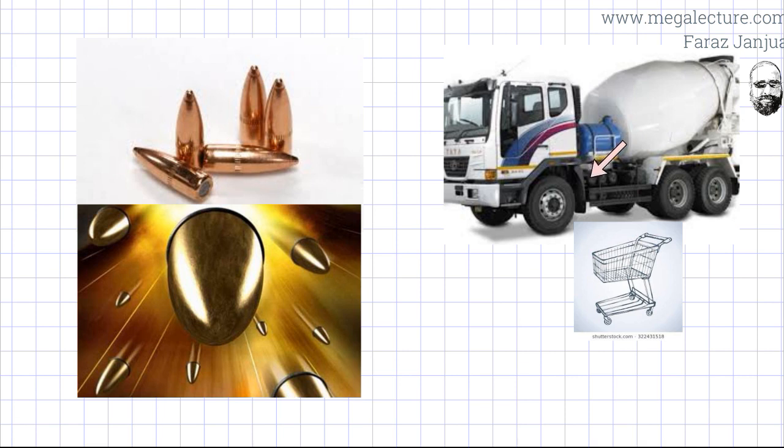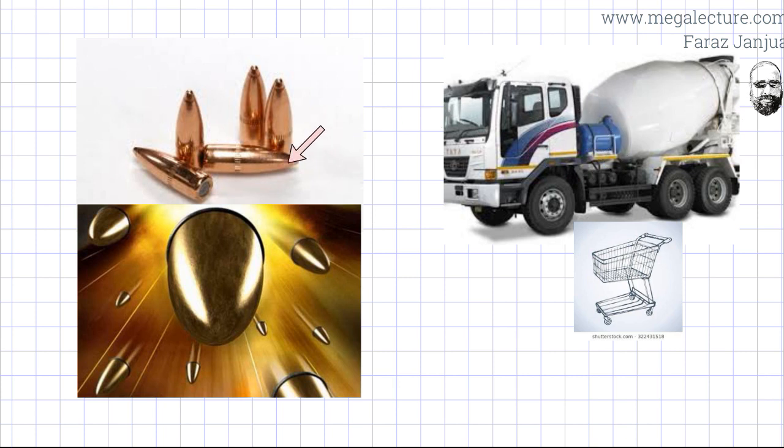Let's consider you're looking at them and they both are moving with the same speed. Now, just consider there is a wall right in front of them and they both hit the wall. Which one do you think will damage the wall most and why? Although they are moving with the same speed, we know this truck will damage the wall far more than this trolley. And the reason is not the velocity in this case, it is the mass.